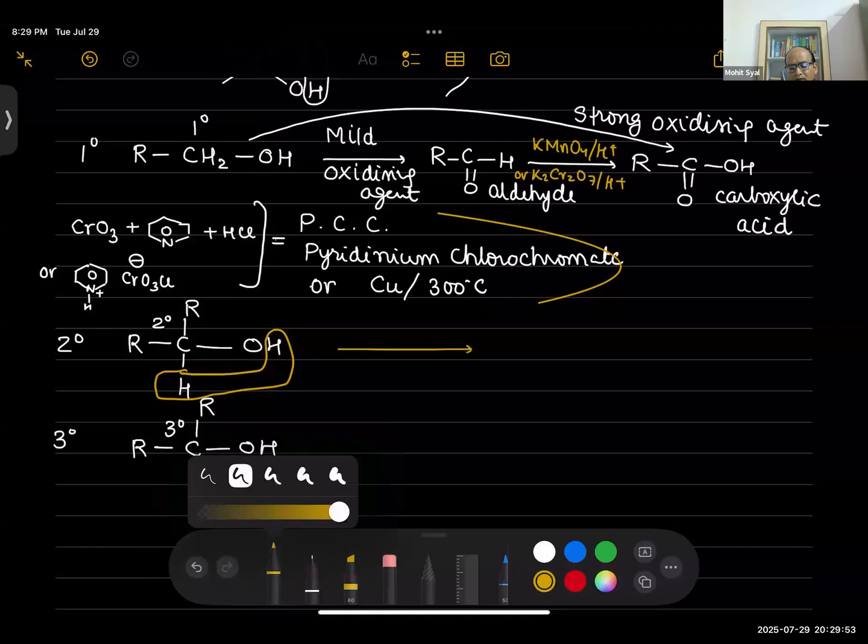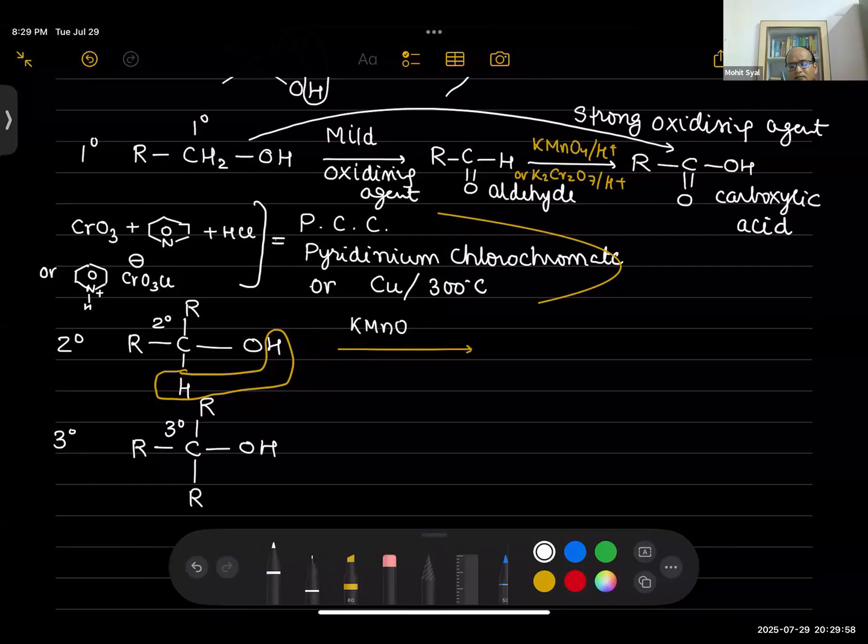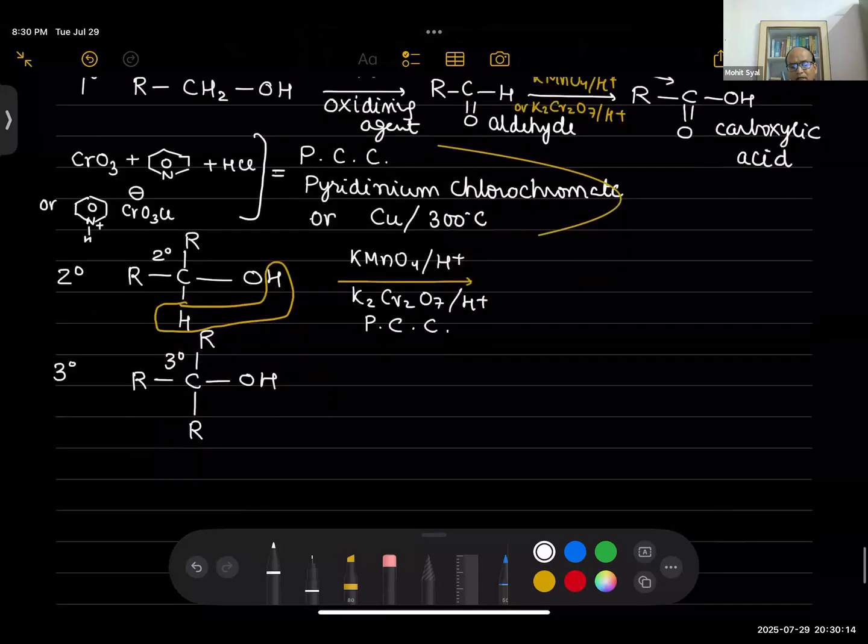So whether you take KMnO4/H+, whether you take K2Cr2O7/H+, whether you take PCC, pyridinium chlorochromate, or you take copper at 300 degrees, copper red hot tube, all were oxidizing agents. The lower two were mild, the upper two were strong, but that mattered only in the case of primary alcohol.